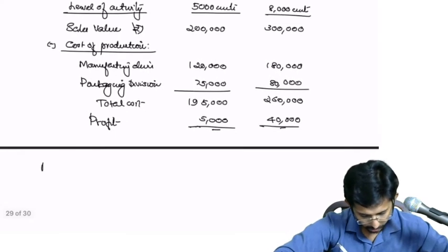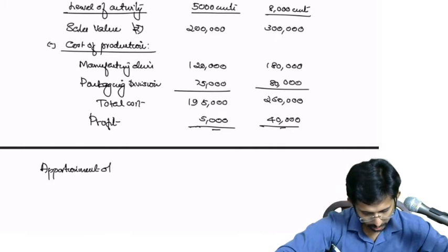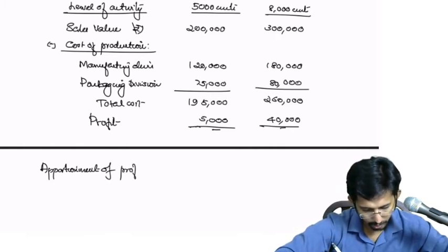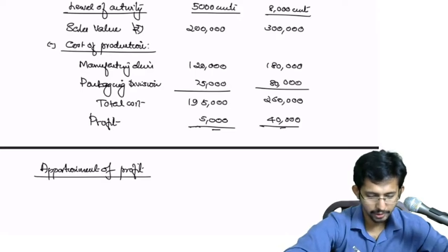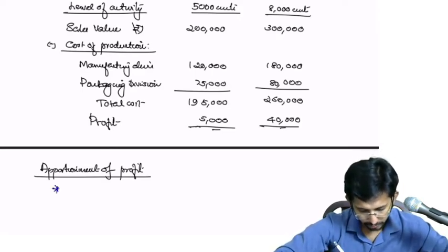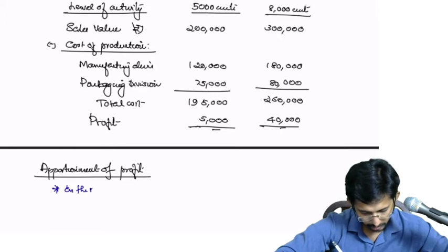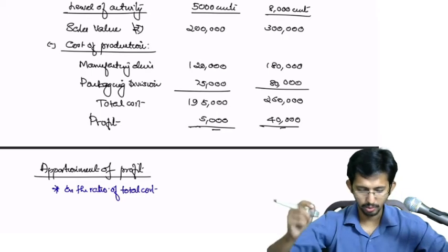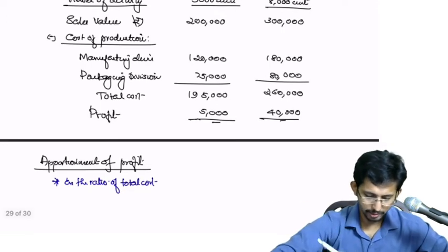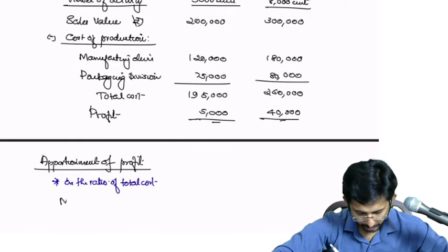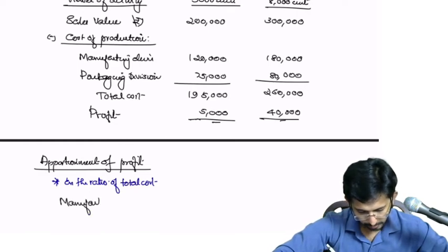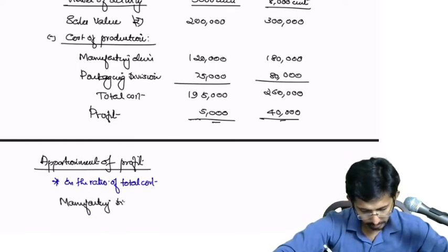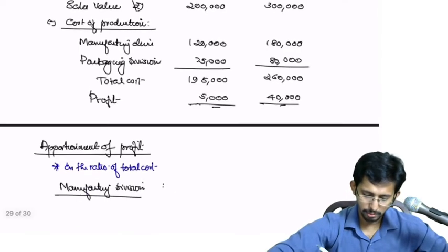Okay, so apportionment of profit. On what basis? It is done on the basis of the ratio of total cost. Is it clear? So here, first you have to take the manufacturing division. What is the profit allocable to the manufacturing division?